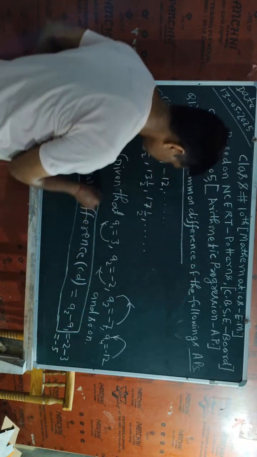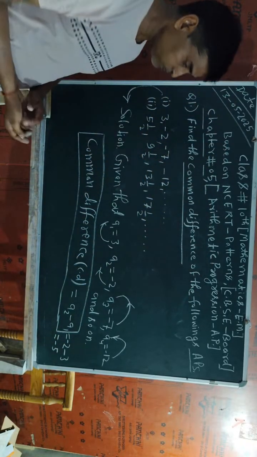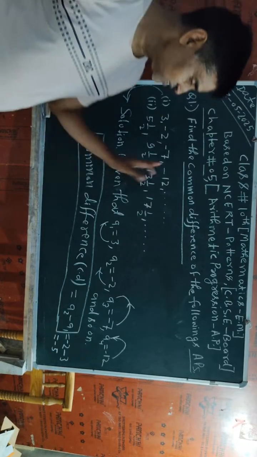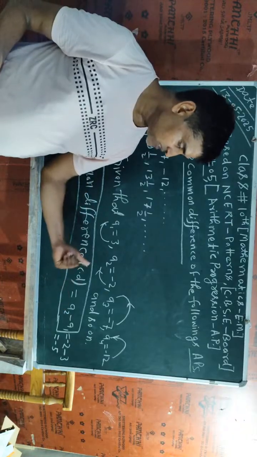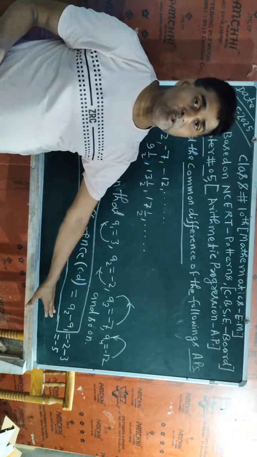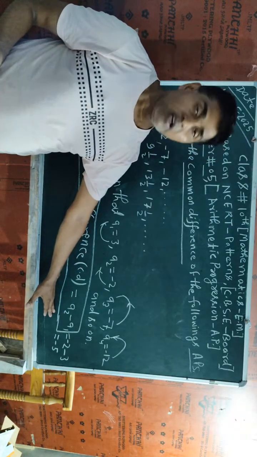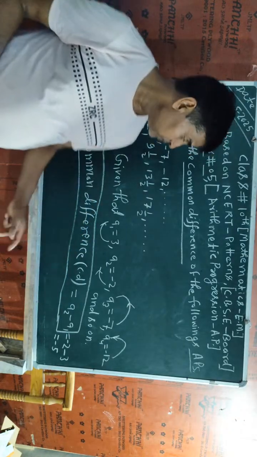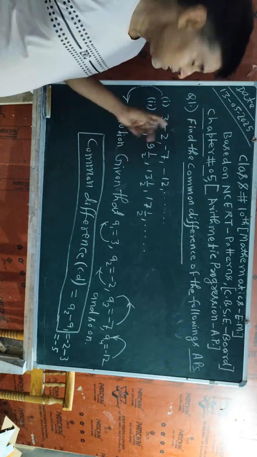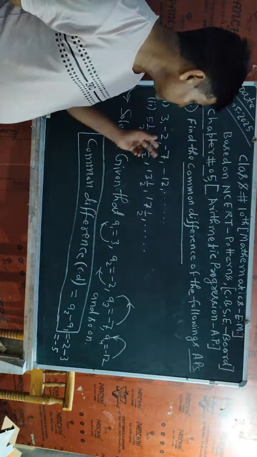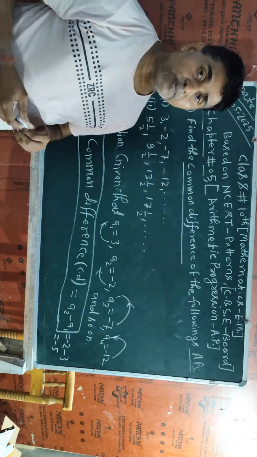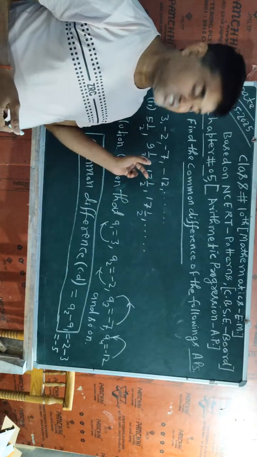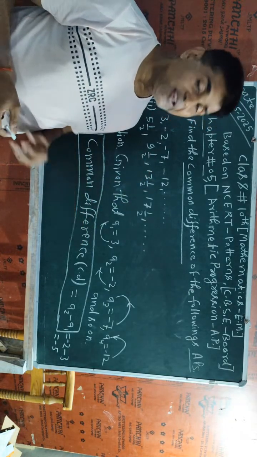I will put this information in the rectangle box for remembering it. If any sequence is given, I can obtain the common difference of that sequence: next term minus previous term, that value will be the common difference of the given series. If I take any two consecutive numbers and find their common difference, then I will get the same value.